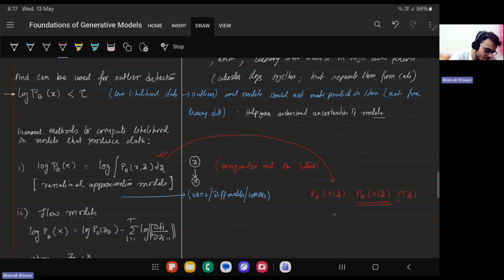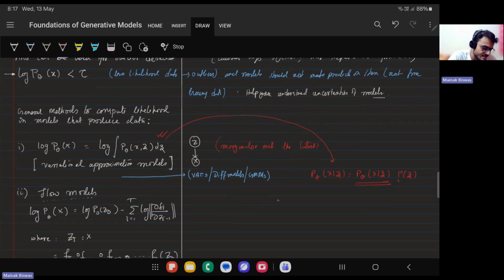So we could say that p theta of x is the integral of p theta of x given z times p of z dz. You could sample a lot of z, pass it through the decoder, get its likelihood and take the average.